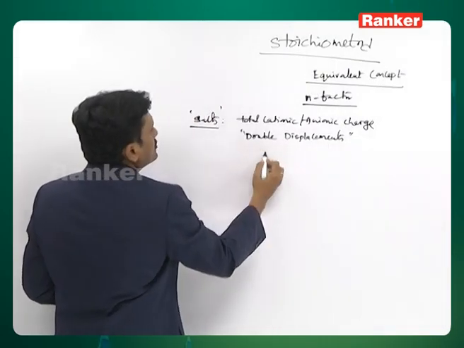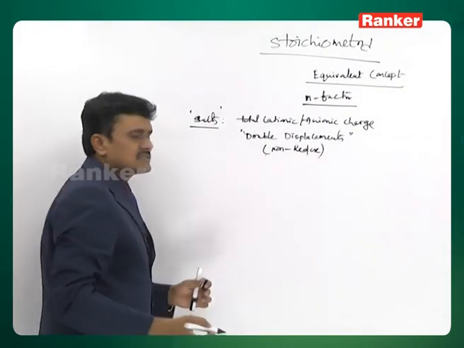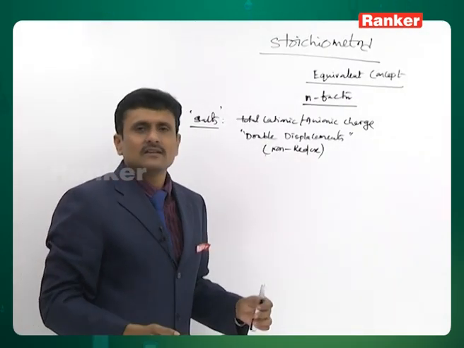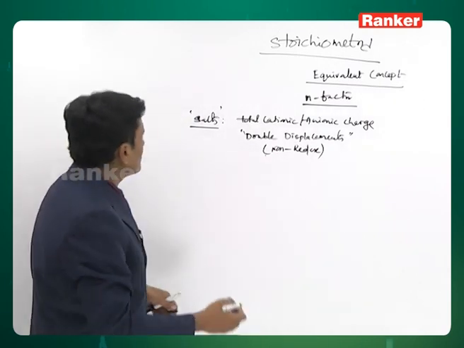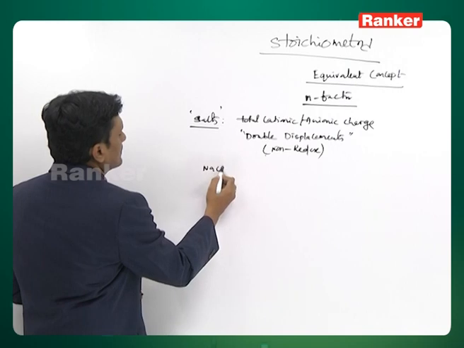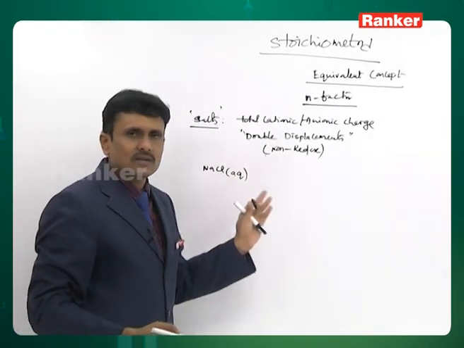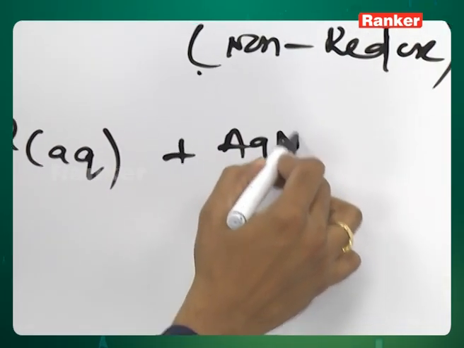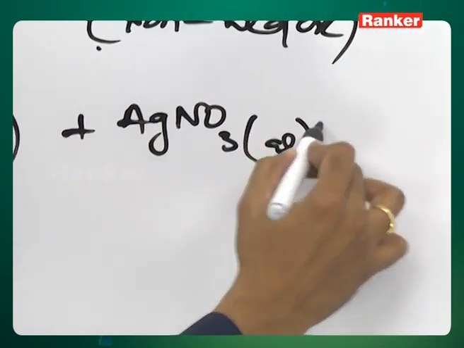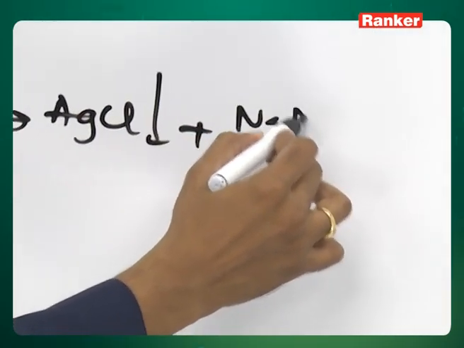These reactions are usually non-redox reactions. I mean to say there won't be any change of oxidation state of any element during the reaction. So, these reactions are normally observed when the aqueous solution of one salt is mixed with the aqueous solution of another one, giving rise to the precipitate usually.